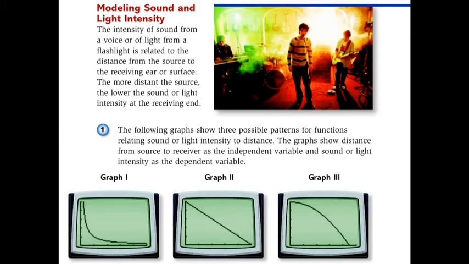In other words, the closer you are to music, to the speakers, the louder it is, and the farther away you get, the less loud it is. Same with light from a flashlight. The closer you are to it, the brighter it's going to be, and the farther away from it you get, the less bright it's going to be.